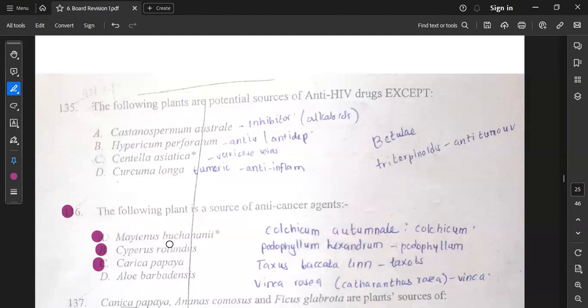Thank you. The following plants are potential sources of anti-HIV drugs, except: Castanospermum australe, Hypericum perforatum, Centella asiatica, and Curcuma longa. Before you proceed, can I read something about aloe also? Yes.